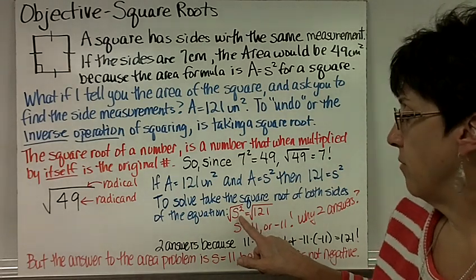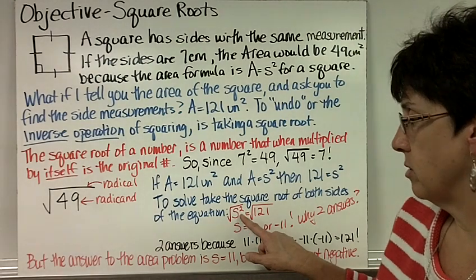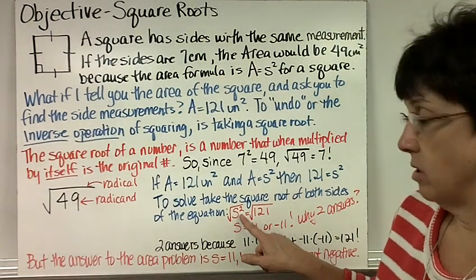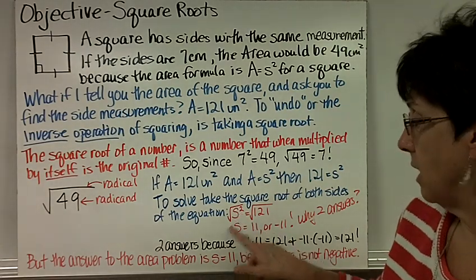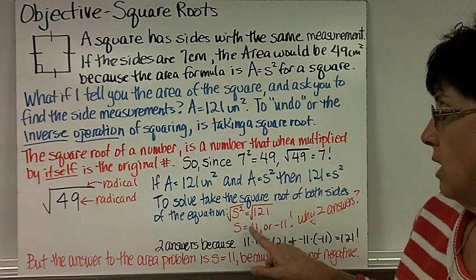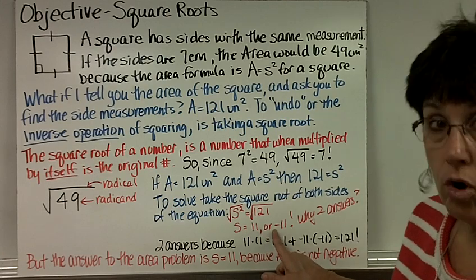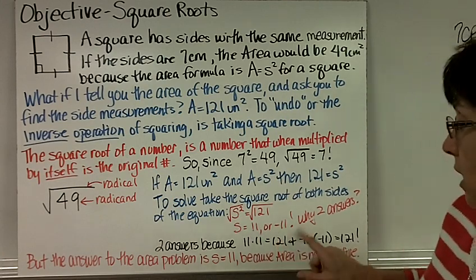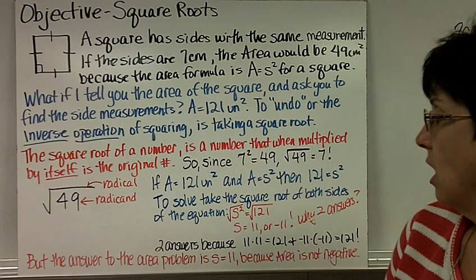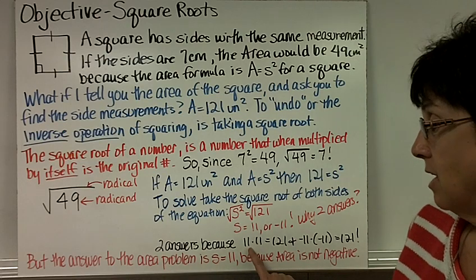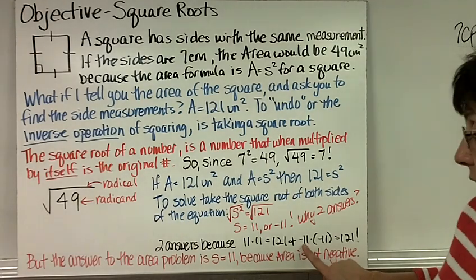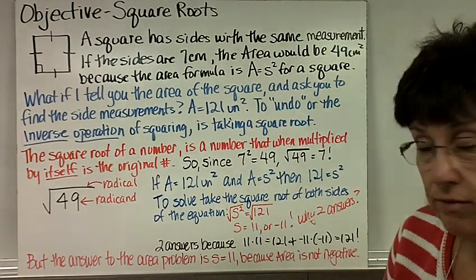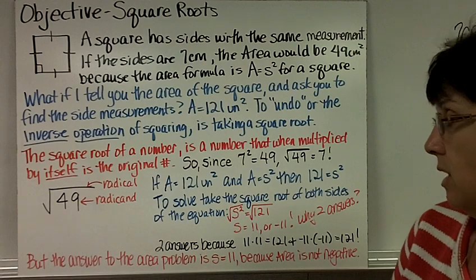We'll talk about variables a little bit more, but remember with variables, the square root of side times side, to get side squared, would just be side, and the square root of 121 is 11 or negative 11. Why are there two answers? There are two answers because positive 11 times positive 11 is 121, and negative 11 times negative 11 is 121.